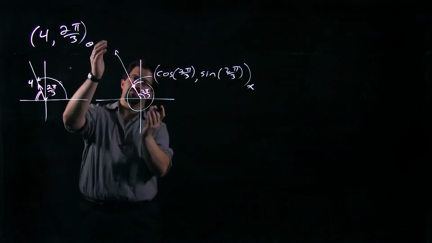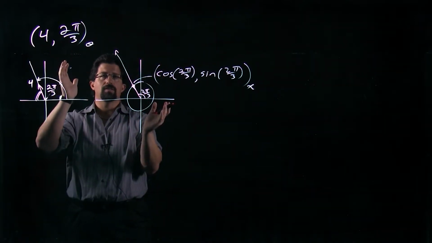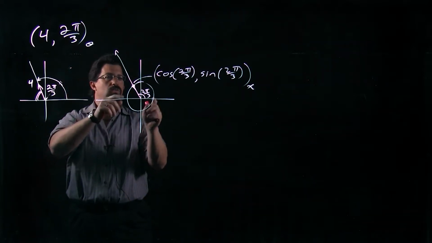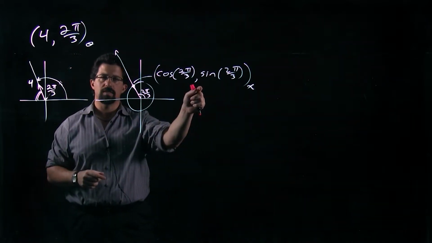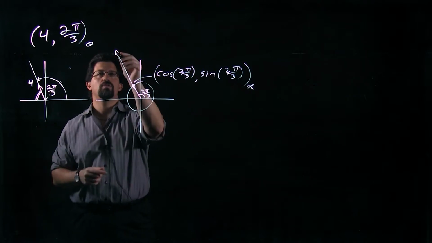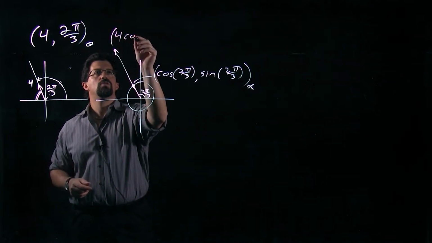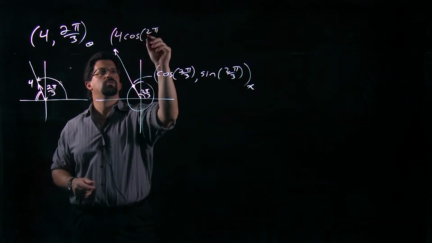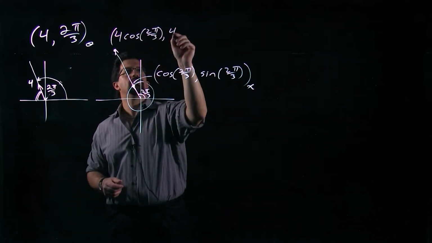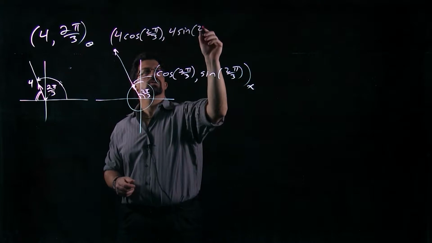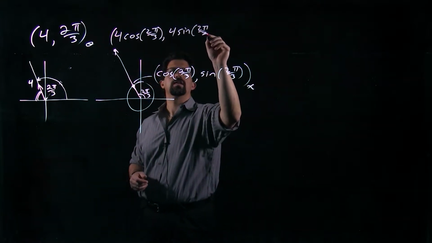So this is just vector multiplication. We're right back to linear algebra territory over here. We take this vector, which is this one over here, and we multiply it by 4. So this point is going to be (4 cos 2π/3, 4 sin 2π/3).